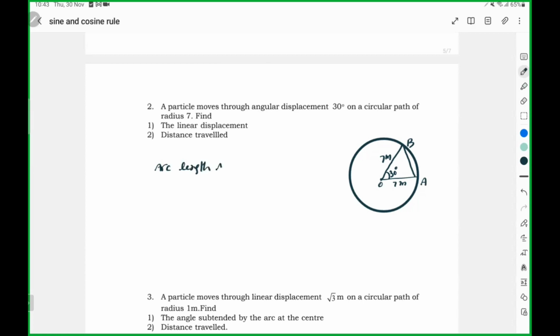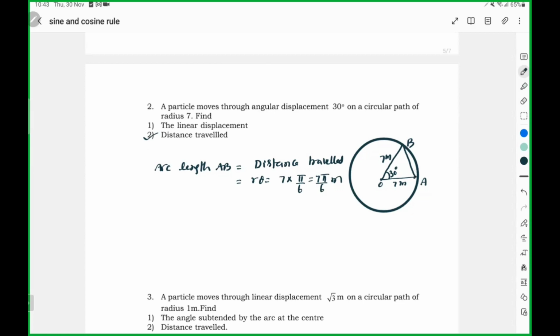Arc length AB is nothing but the distance traveled, which is r theta. R is 7. 30 degrees is nothing but pi by 6 radians. So that is the distance covered.